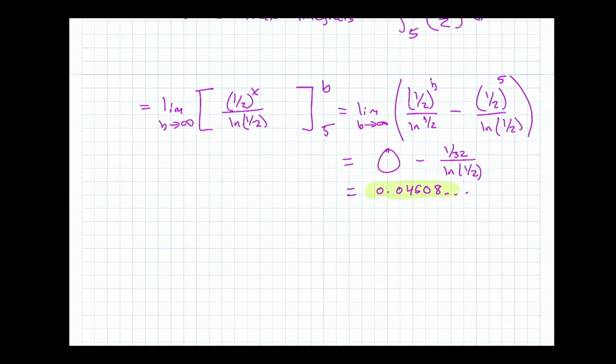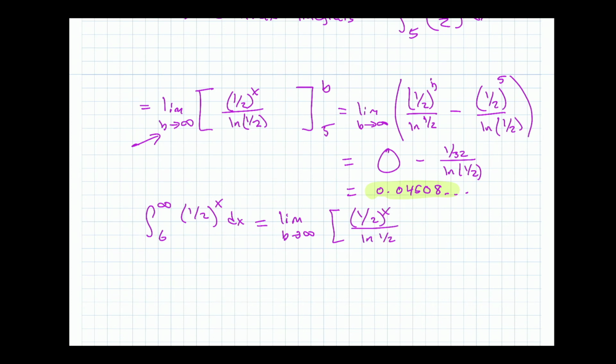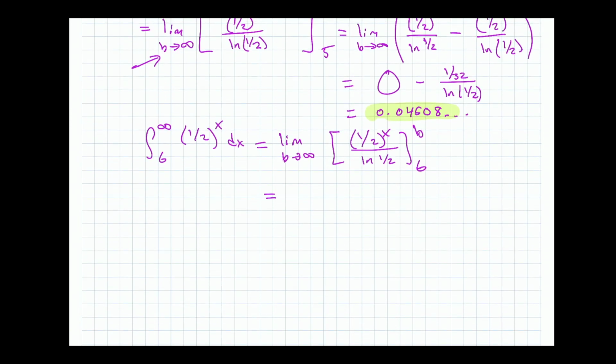Okay, now if you do the other integral, the integral from 6 to infinity of 1/2 to the x dx, everything's going to be the same, right? Except that you have a 6 instead of a 5. So I'm going to jump straight to here. You have 6 to b. That's hard to tell apart: 6 on bottom, b on top.